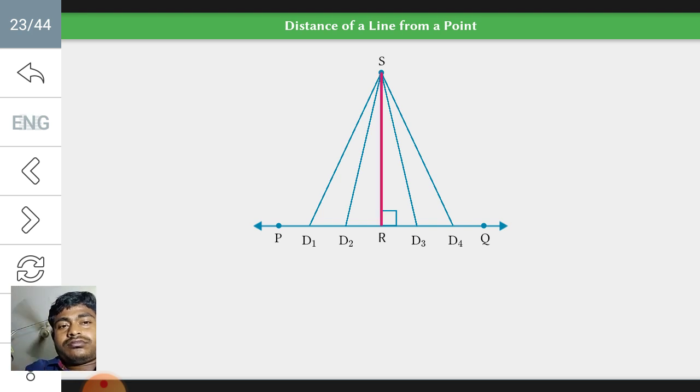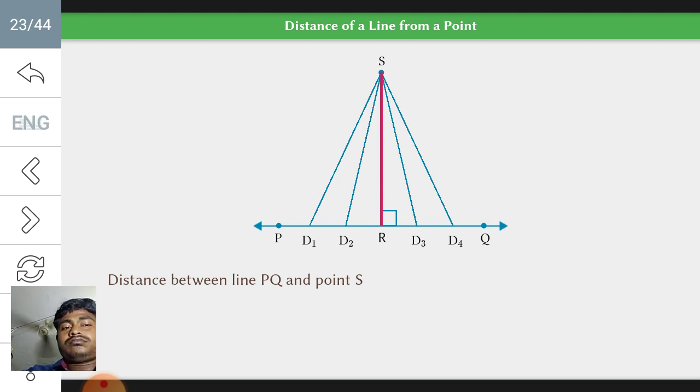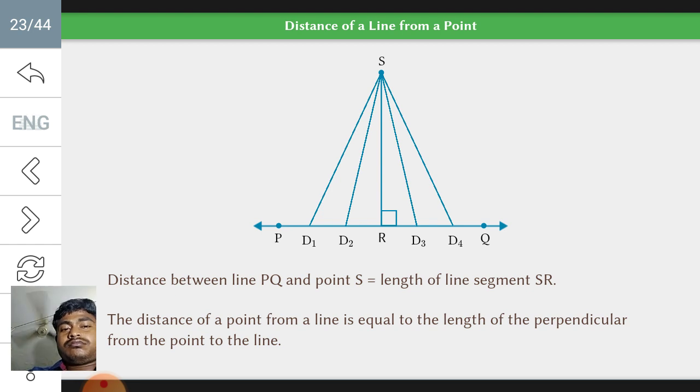This shortest line segment is taken as the distance between the point S and line PQ. Thus, the distance between line PQ and point S is equal to the length of line segment SR. Therefore, the distance of a point from a line is equal to the length of the perpendicular from the point to the line.